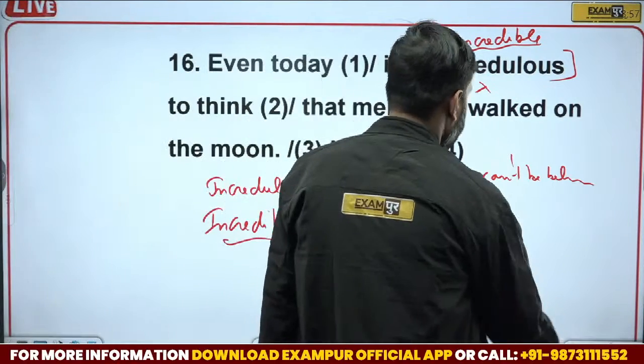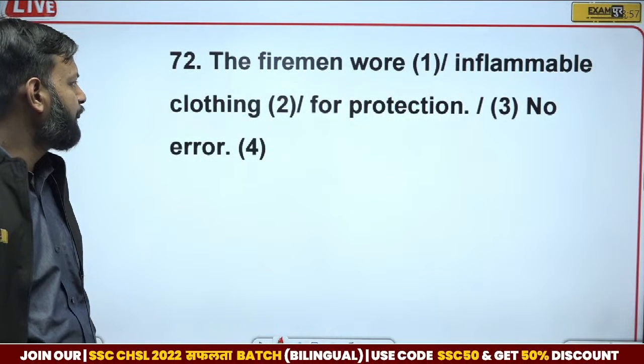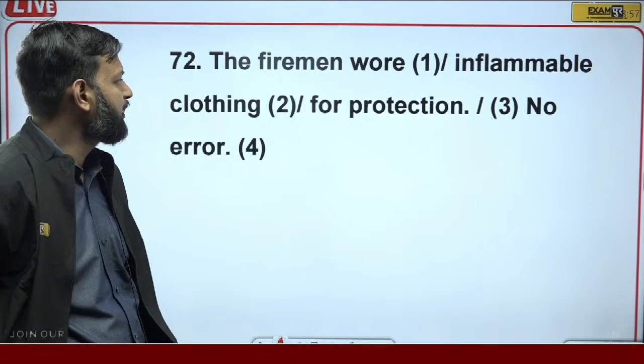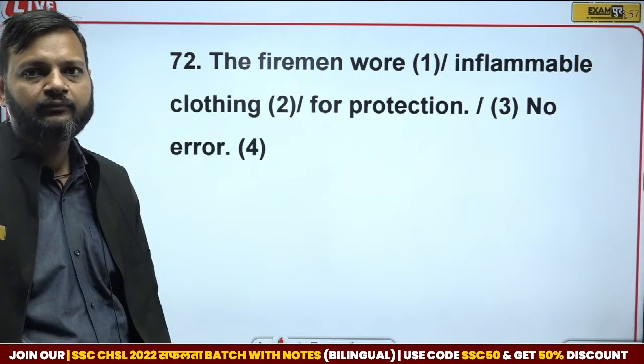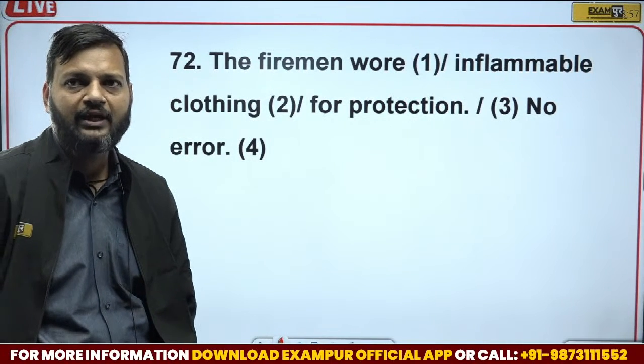Okay. The next one. The fireman wore inflammable clothing for protection. What is the error?